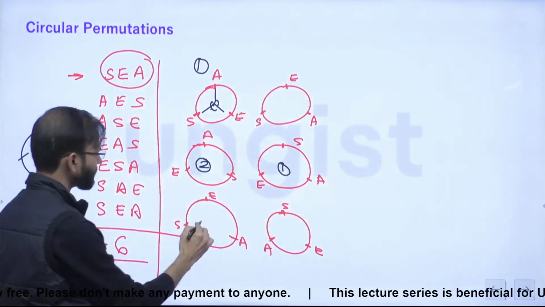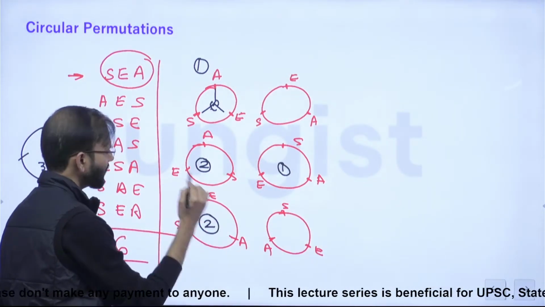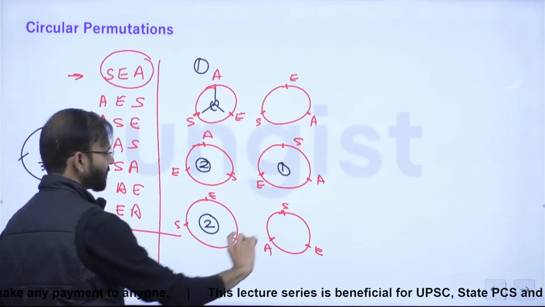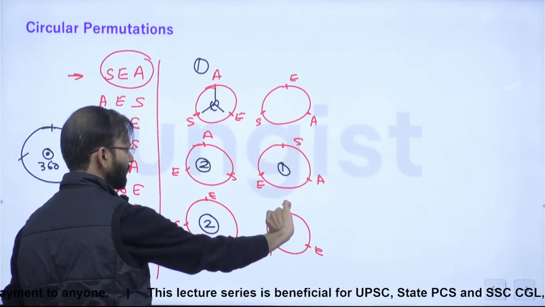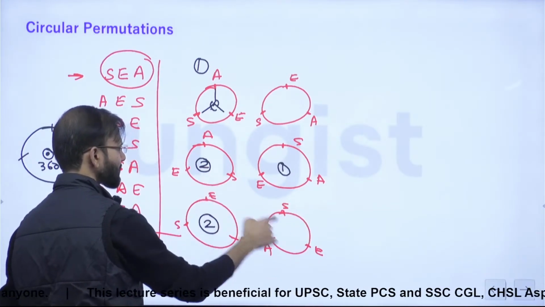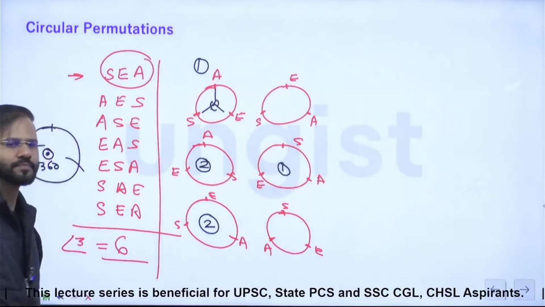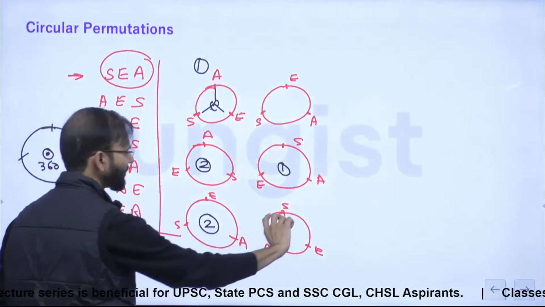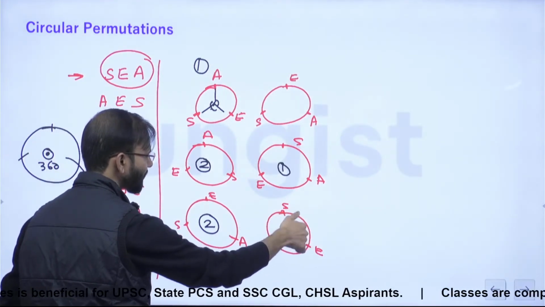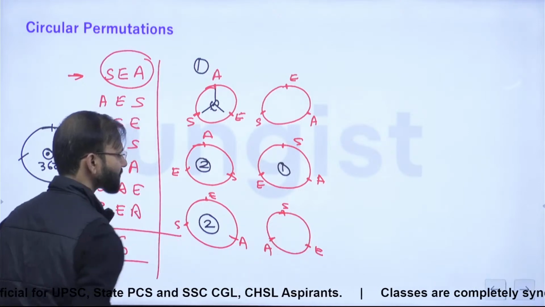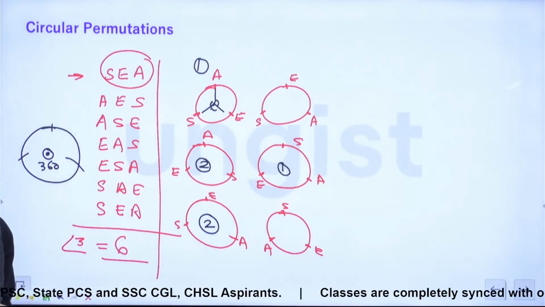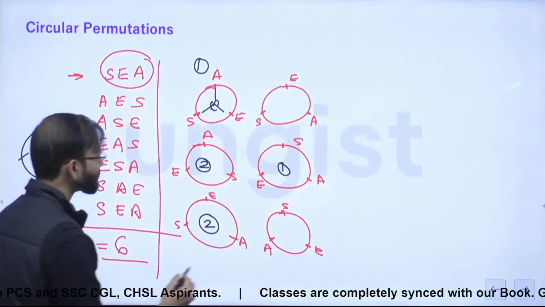This will be same as 2, right? Now everyone, if I rotate this 120 degree into clockwise manner, what will happen to this? I repeat, if I rotate this 120 degree into clockwise manner, what will happen? Everyone, this is same as 2.